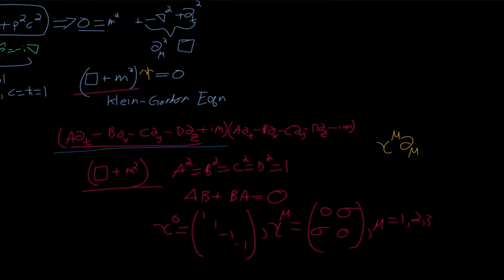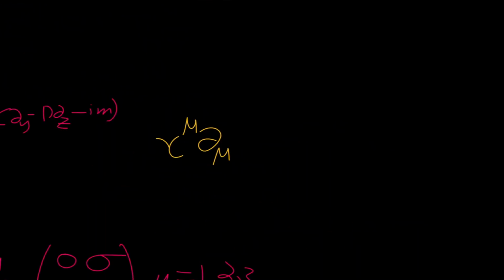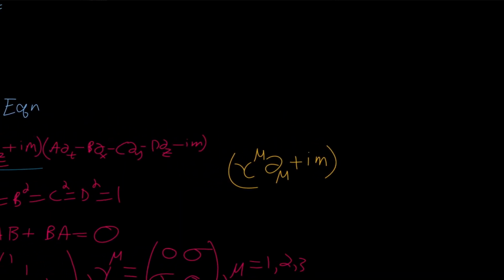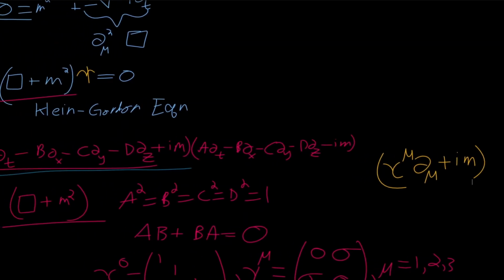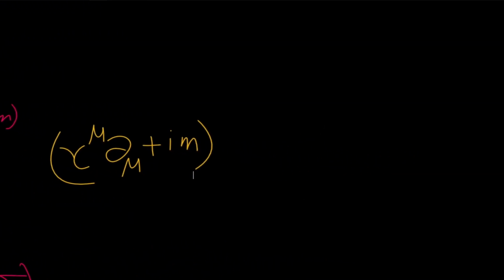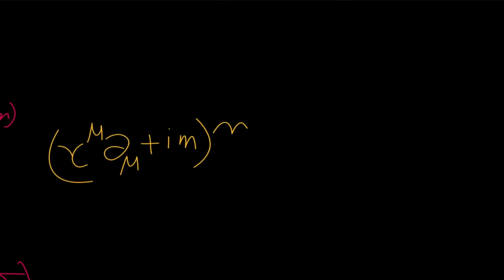It's an equivalent way to write a times partial t, minus b partial x, and so on and so forth. And then plus im. That is the entirety of our operator, right? Then we can apply it to some wave function, some psi, and that, as before, has to equal 0.